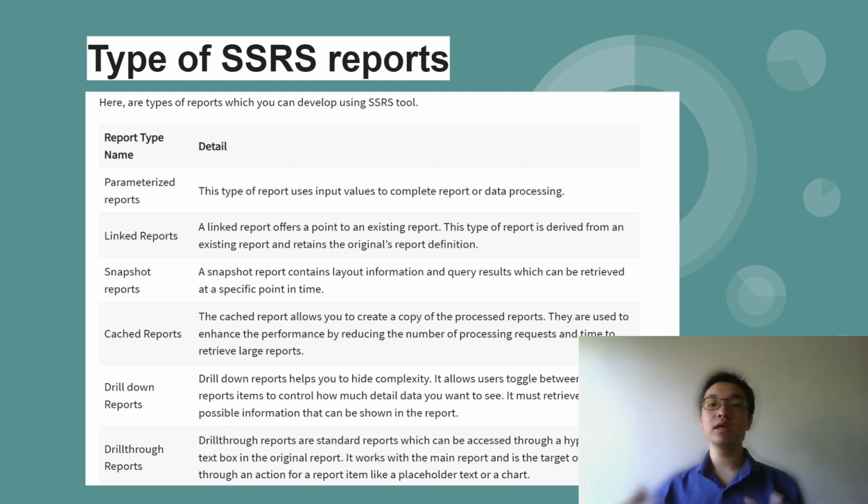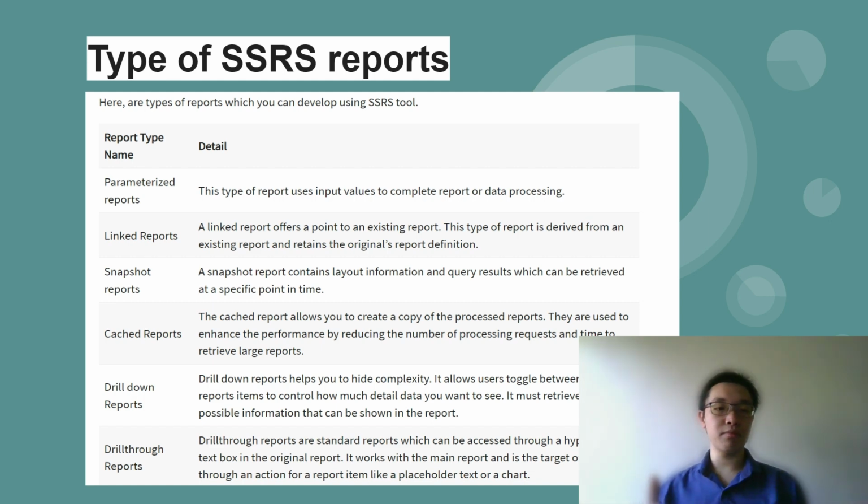It's the normal report that we can see out there. Linked report is one that offers a pointer to an existing report. This type of report is like a linkage. There is a connection to the report, to the static report, the dashboard itself.